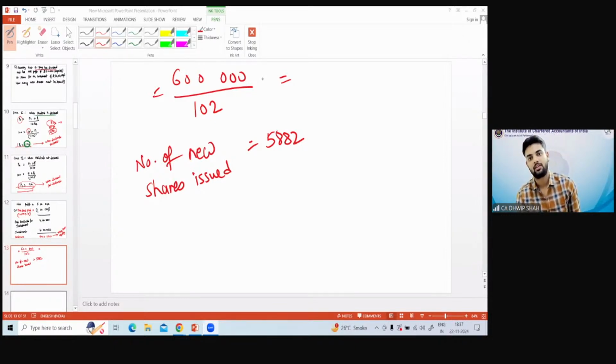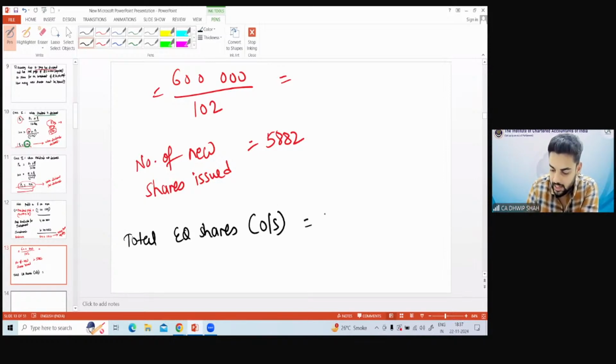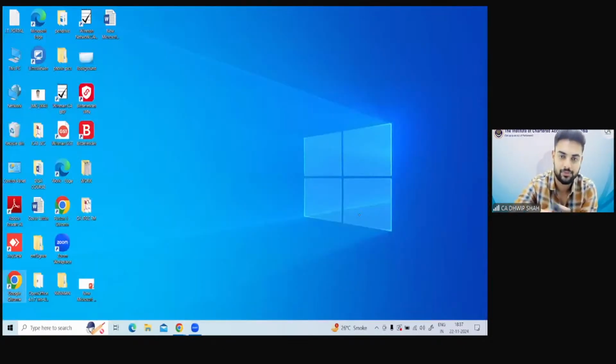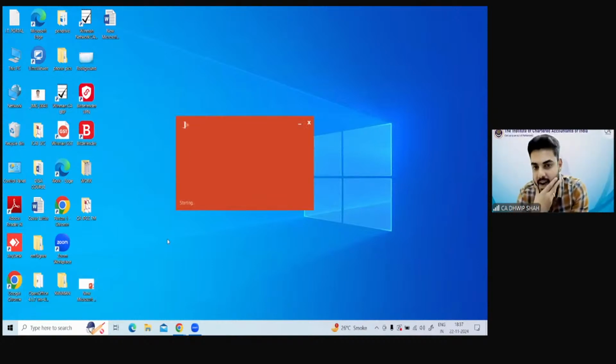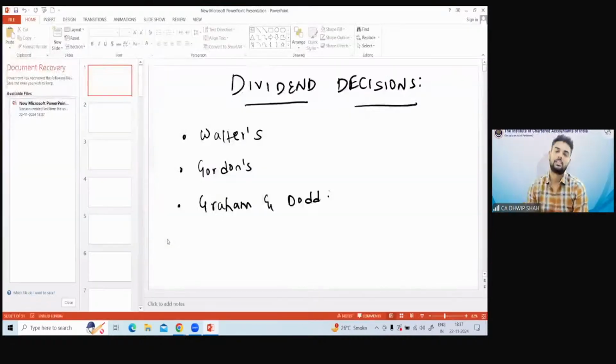Understood? Now, can you tell me the total equity shares that would be outstanding at the end of year one? Can I say existing 10,000 plus new shares 5882? देखो ध्यान से.